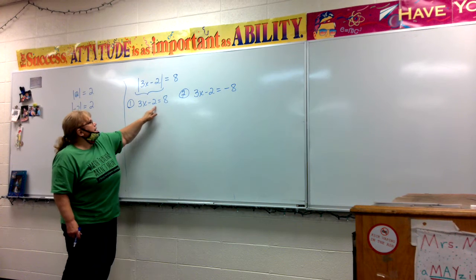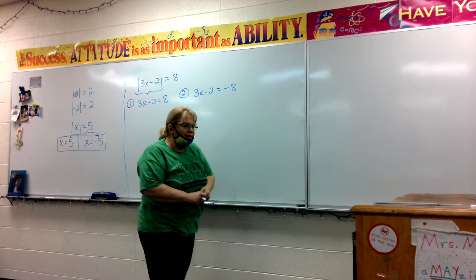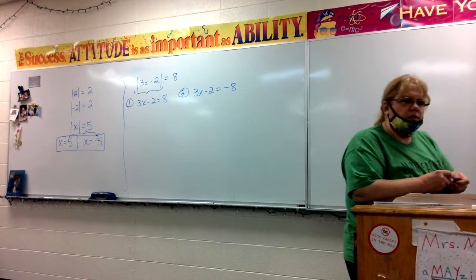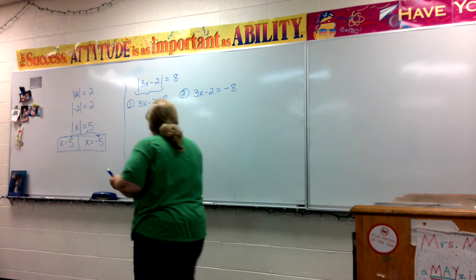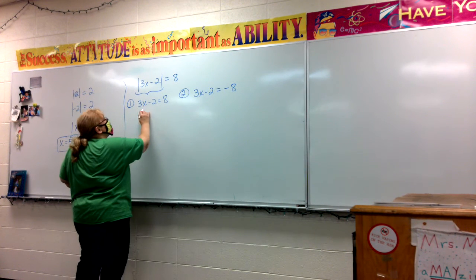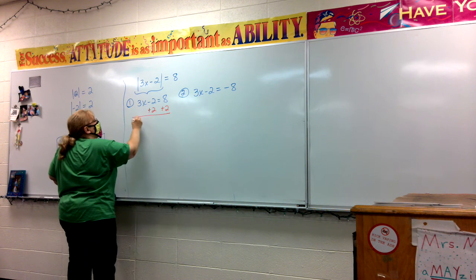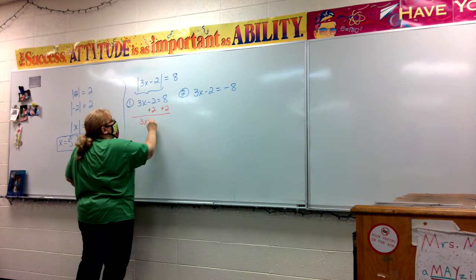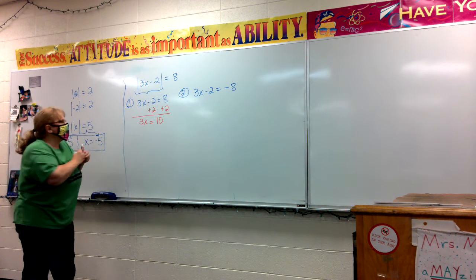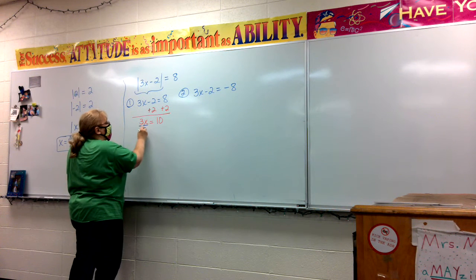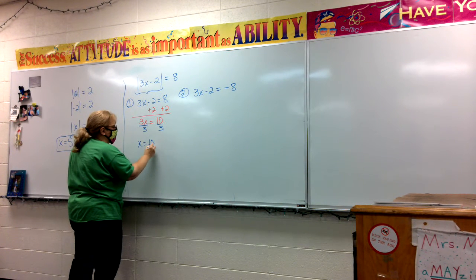So I set it equal to the positive, and I also set it equal to the negative, and then guess what we're going to do? Solve it. What do you do first here? Add 2, so I get 3x equals 10, and then divide by 3, and I get x equals 10/3.